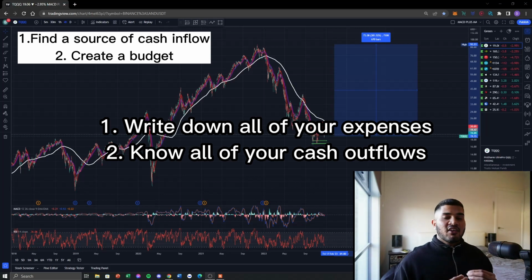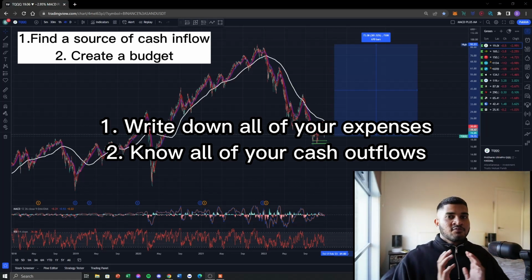because this is very important to know how much cash you have left after all of your expenses go out. So let's say, for an example, you are making $1,000 a week. Out of that $1,000, you have to pay 150 for rent. Let's say 50 for other bills, whatever it is, doesn't matter.